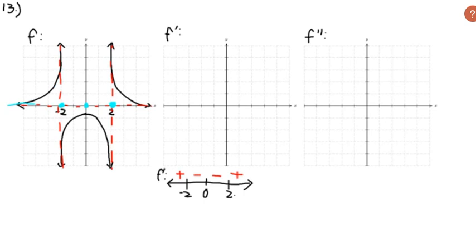So therefore, the graph will be close to 0 and slowly increase to infinity, but doesn't touch -2. So it would look like this. And it is discontinuous at x equals -2, since it is not differentiable at that point.